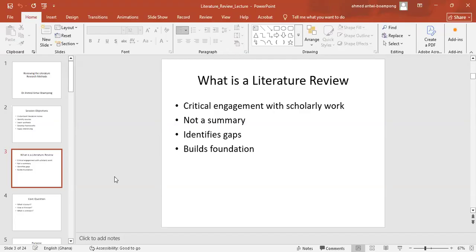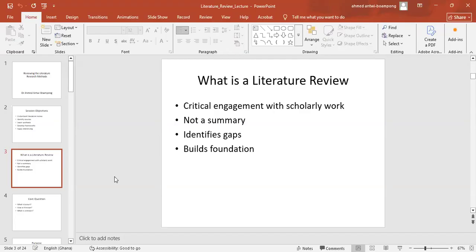The area would have been very saturated with some rich research, but in your review, you would have to be able to identify what also remains unknown.